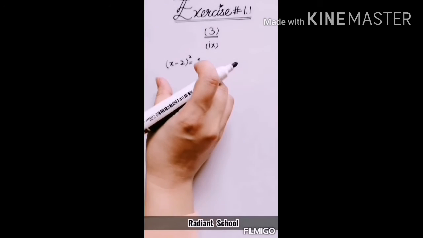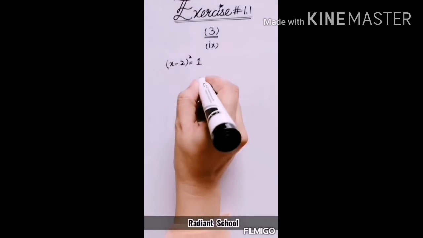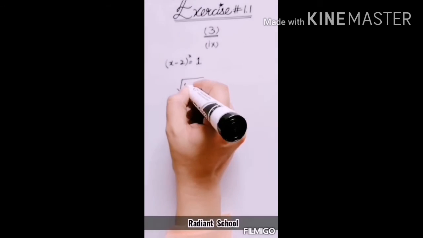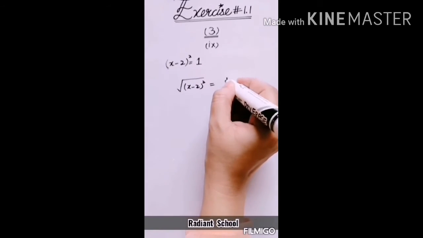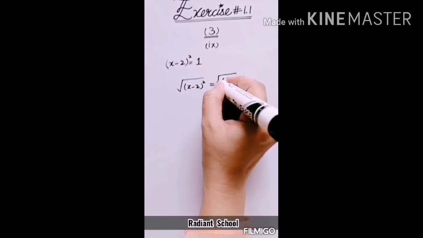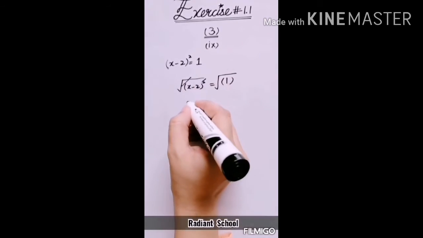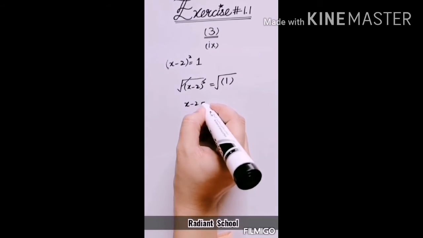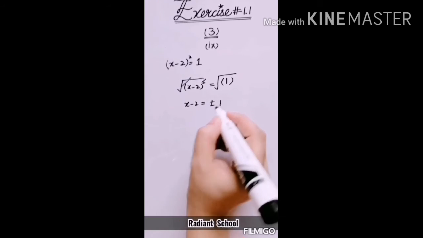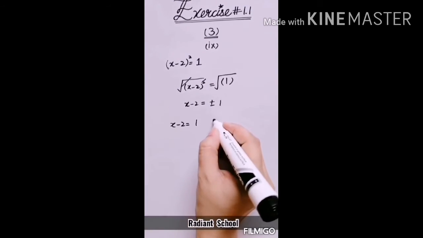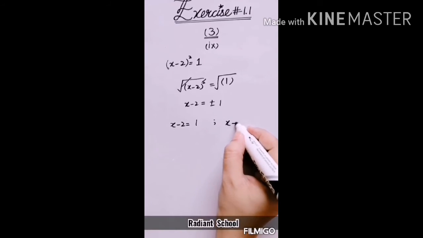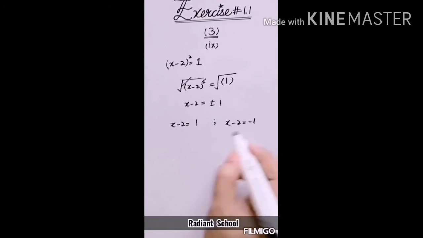Okay students, now we are left with this expression. Take the square root on both sides. x minus 2 whole square is equal to 1, square root. Square and square root will be cancelled. x minus 2 is equal to plus minus 1. Once we will write with plus 1 and once with minus 1.